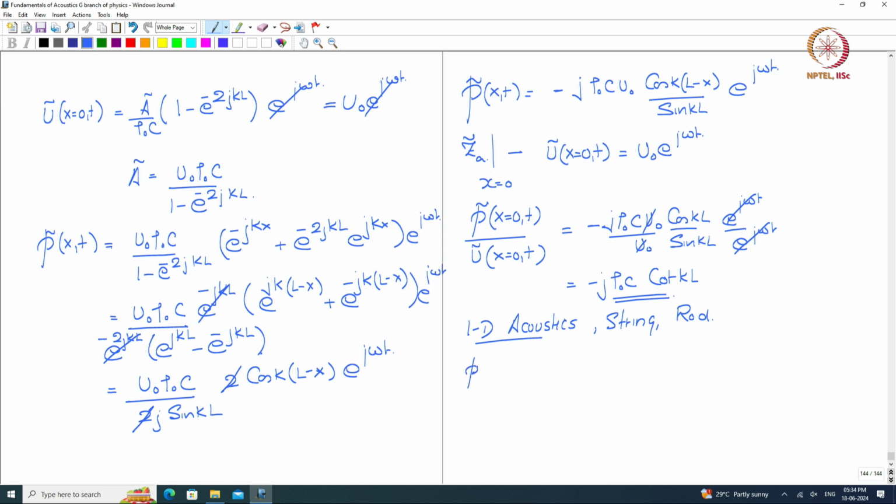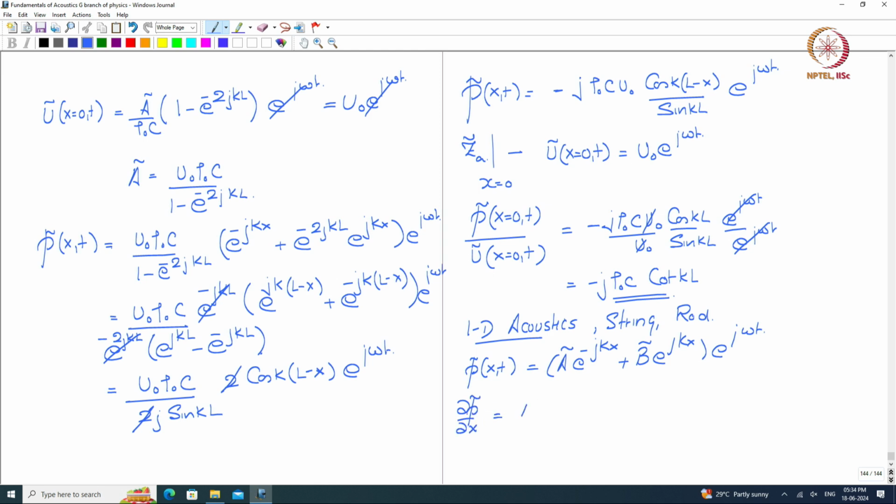So let me just do one more thing. If we have the traditional expression a tilde e to the power of minus jkx plus b tilde e to the power of jkx, and e to the power of j omega t, then in order to find the particle velocity, I will use the Euler equation.